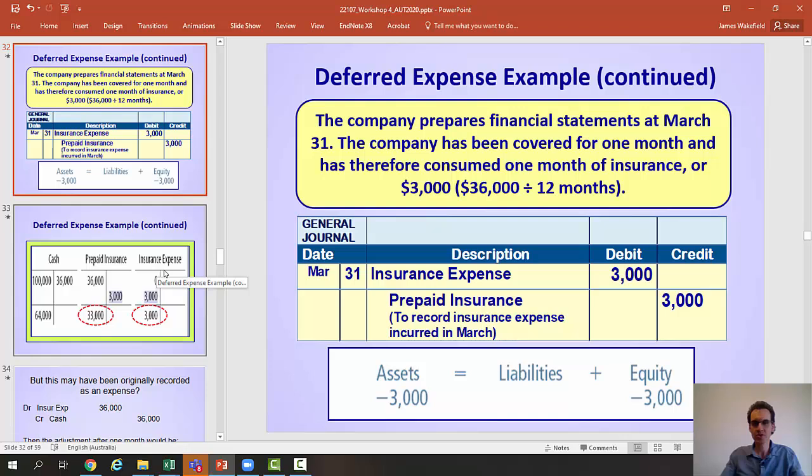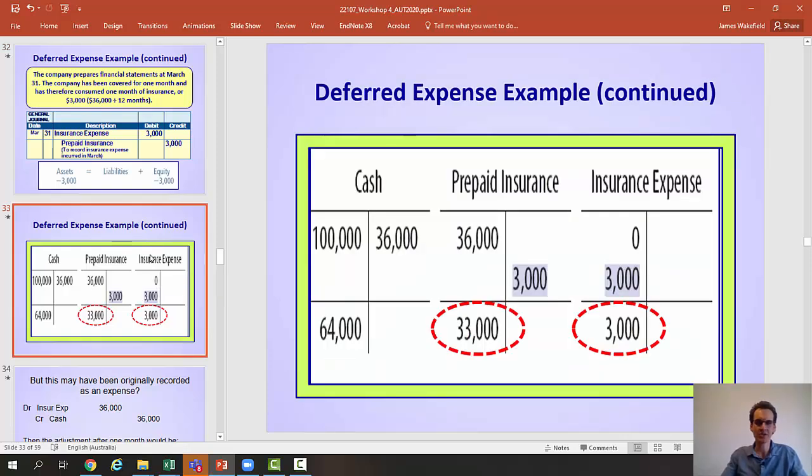Now, going back to the deferred expense example that I mentioned, so remember it's deferred because we paid up front for the asset and therefore the expense is recognized once we use that asset up. If we look at the T accounts as a result of the adjusting entry that we recorded up here, you can see that we started with prepaid insurance asset of $36,000.